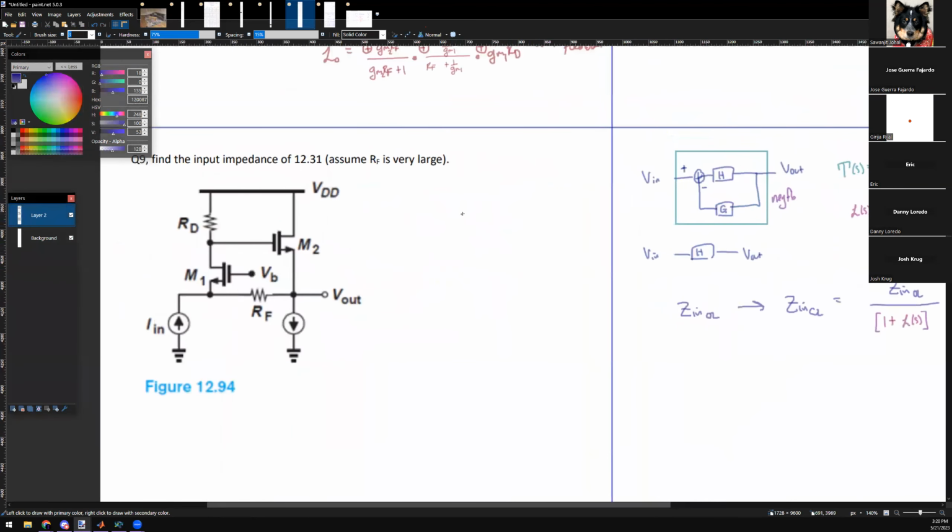So what is Z out closed loop going to be? I want it ideally small. So it's going to be Z out open loop, and I'm going to divide by the factor, because I want to make it smaller. Correct.